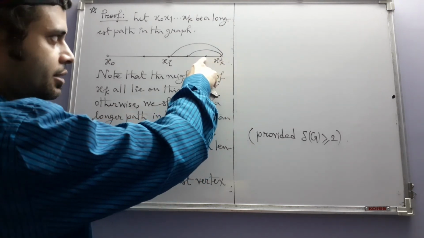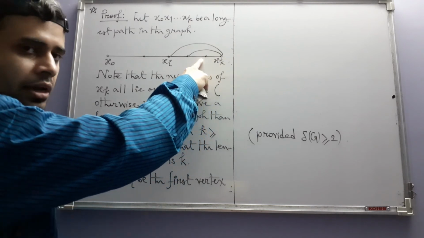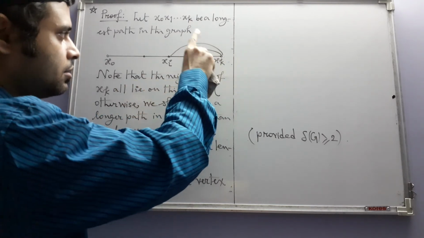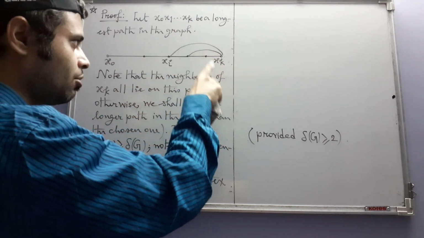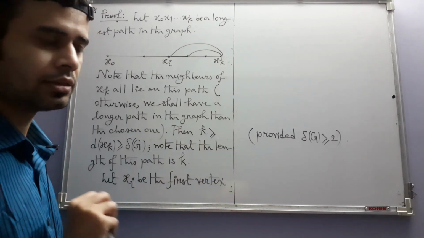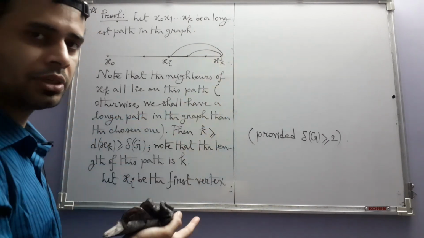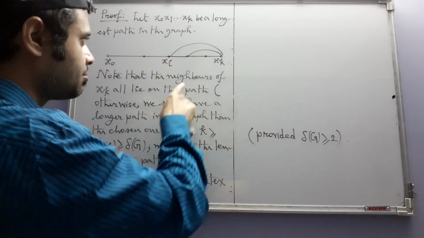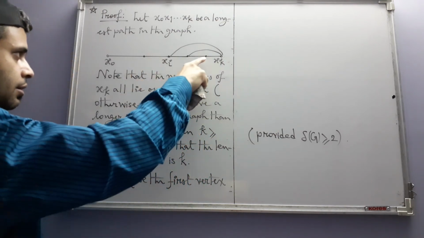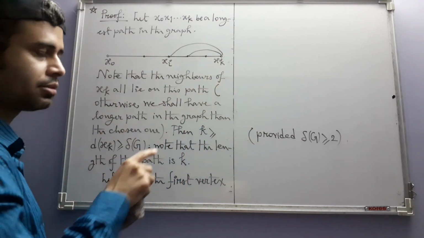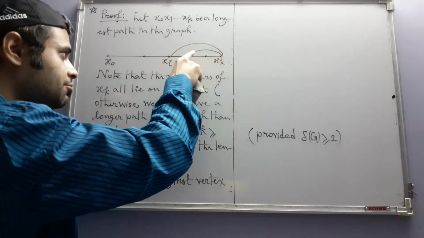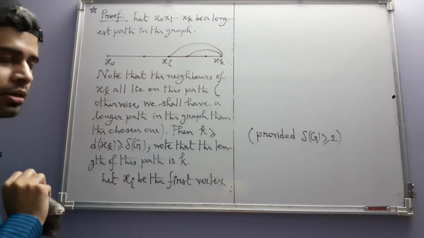Already it is adjacent to its neighbor in the path, but besides that it should also be adjacent to something else, because otherwise its degree will be equal to 1, and that something else, as we have seen here, due to the longest nature of the path, must be from these vertices.